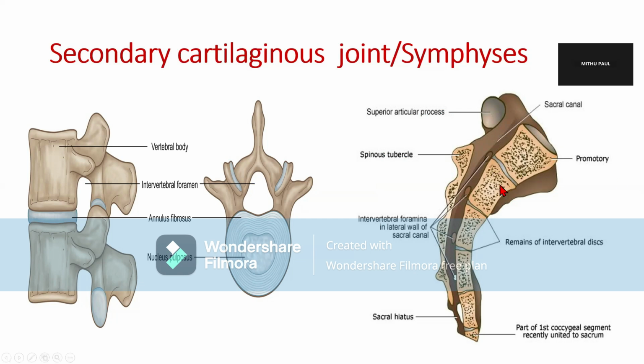But at the bodies of the first, second, third, fourth and fifth sacral vertebrae, they articulate, forming bone at the periphery, but at the core they lie as cartilage lifelong. So also in the case of the coccyx. These are examples of secondary cartilaginous joints. Though they look a little different, they are secondary cartilaginous joints.